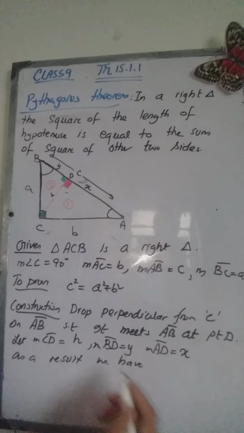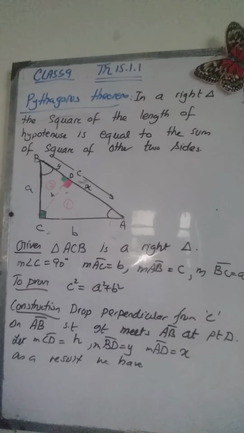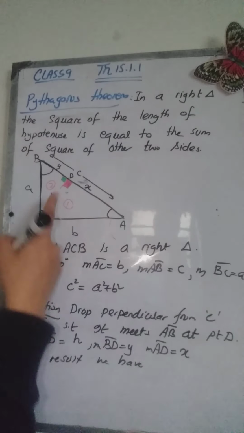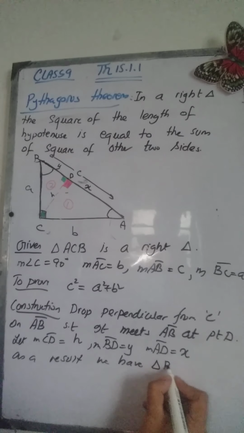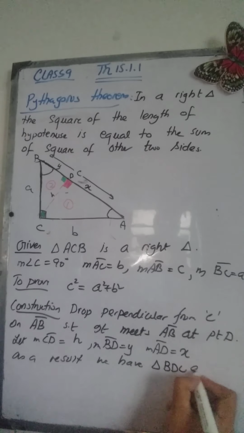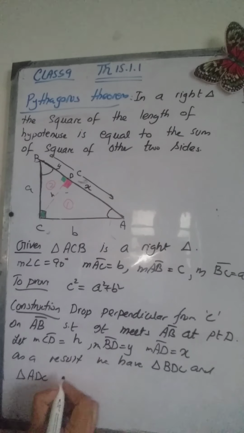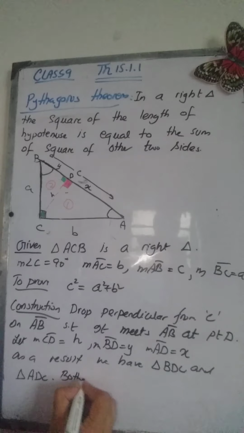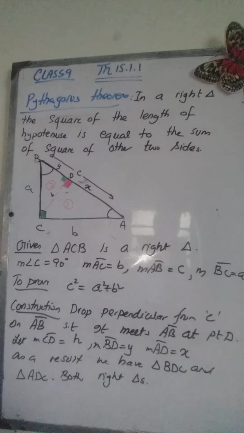Let me name them. We have obtained triangle BDC and triangle ADC, both right triangles. So this is what we have done up to now.